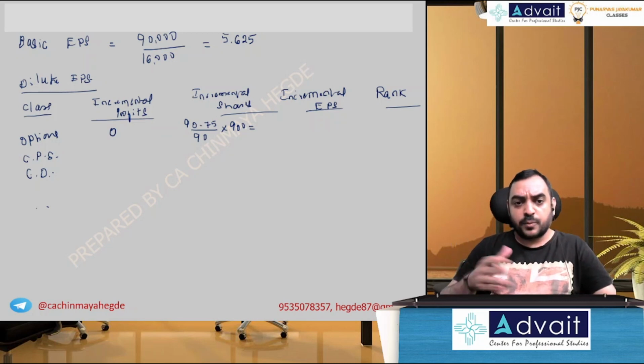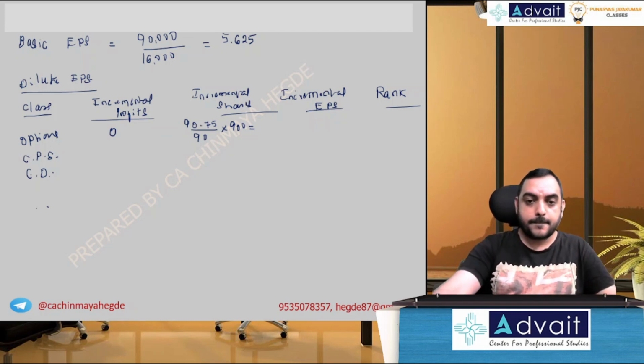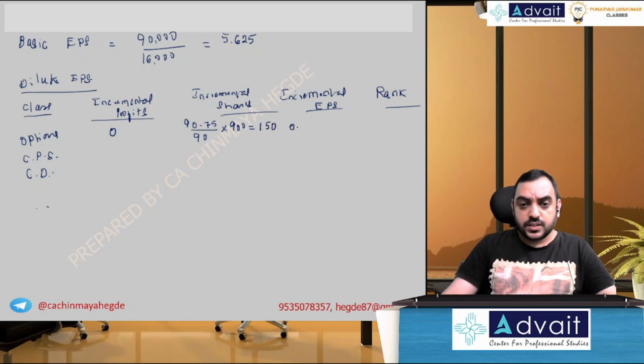No incremental profit, 0. So number of shares is 90 minus 75 by 90 into 900, 150 shares. Incremental EPS, 0 divided by 150, is 0 only.